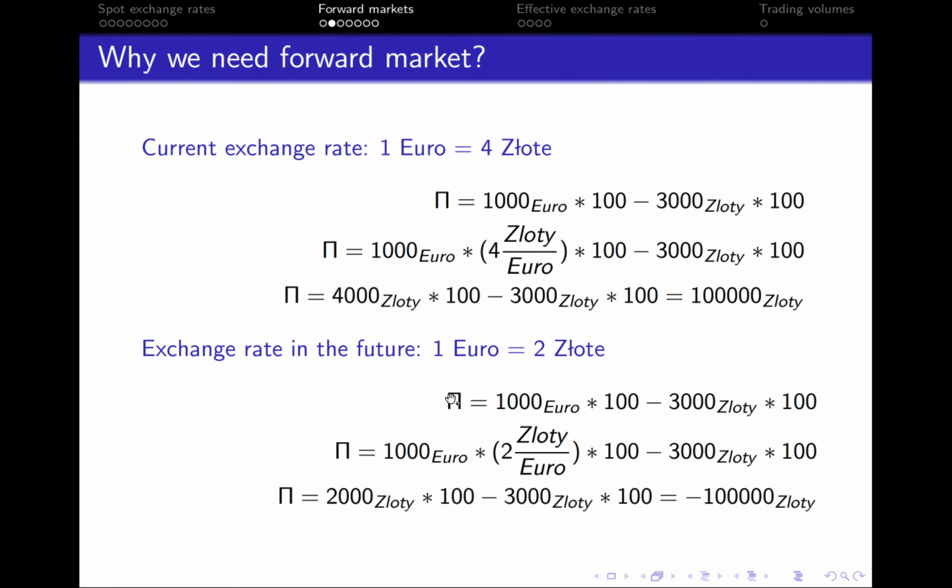Okay, we still need to make exactly the same calculation in terms of profit, but look what we get now when we change the euro price into the Polish price. We use a different exchange rate, and as a result we see that the company is getting only 2,000 zlotych per bike, which translates now into a 100,000 zlotych loss for this company, which is definitely problematic.